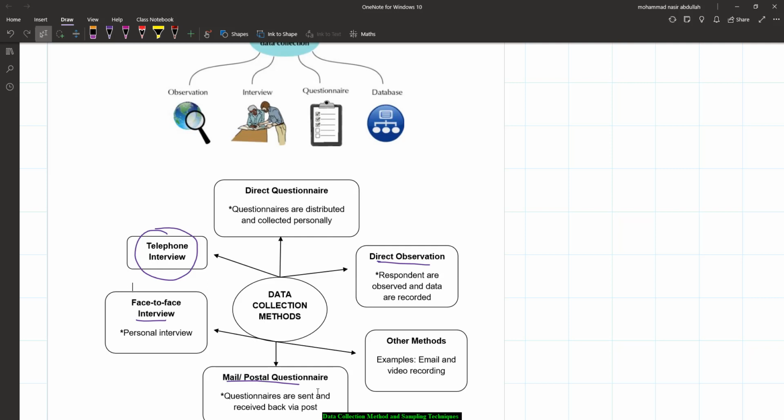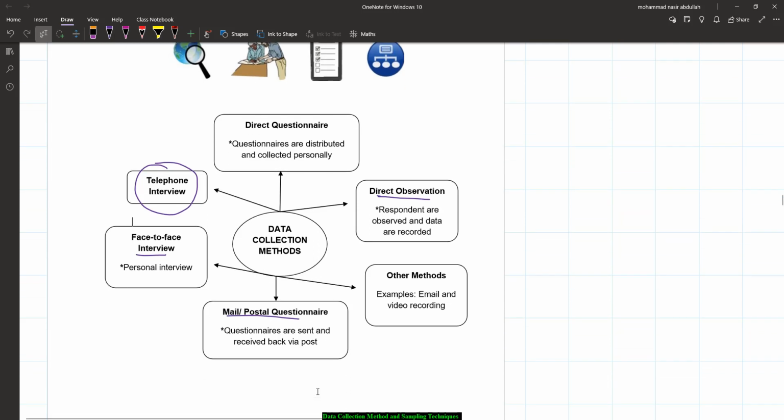If you are developing a questionnaire and you want to collect data based on a questionnaire, there are several methods available. A direct questionnaire means that you distribute the questionnaire to the respondents, expecting them to fill it in and return it to you.